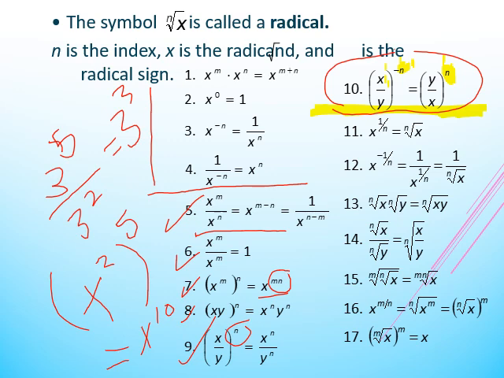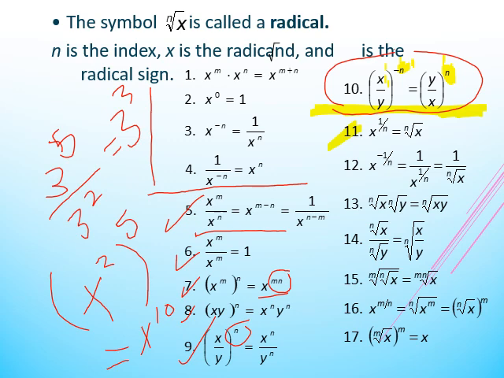Now we will move to the rules for radicals and how we can deal with them. Number 11: if we have x to the power 1 over n, we can convert it to the radical sign. So x to the power 1 over n equals the nth root of x.